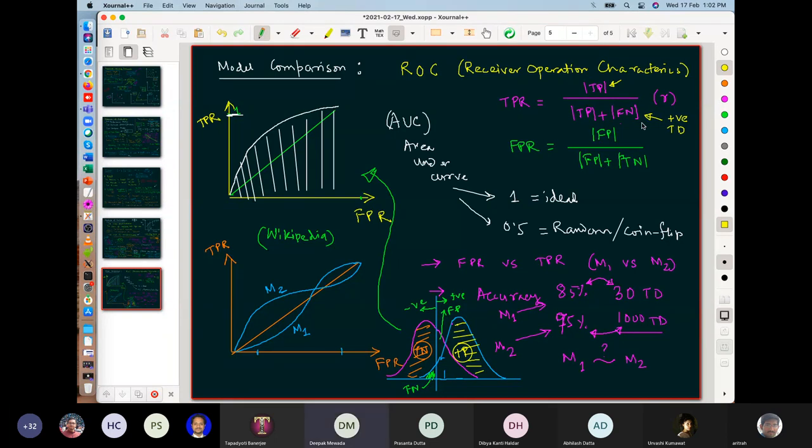Okay, so sir, this curve is for the same algorithm? We are changing the parameter and making different models and comparing them. Well, that is one thing, and you may also be using different algorithms. Maybe you are comparing a decision tree and a neural network to see which is good. Both things can happen.